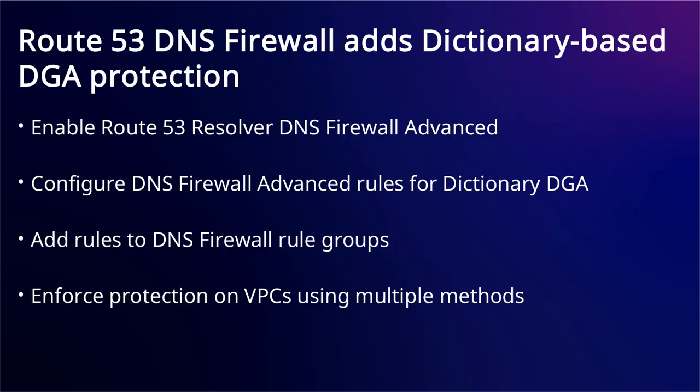Add these rules to DNS Firewall rule groups for organization. Enforce the protection on your VPCs by associating rule groups directly or using AWS services like Firewall Manager, Resource Access Manager, CloudFormation, or Route 53 Profiles. This feature is available in all AWS regions, including GovCloud, US.